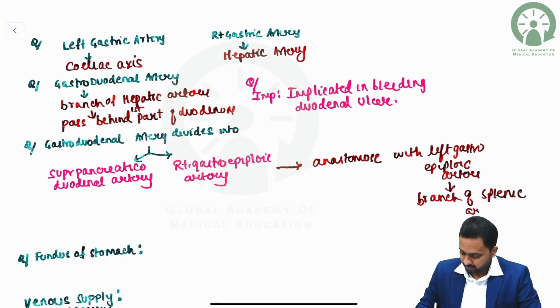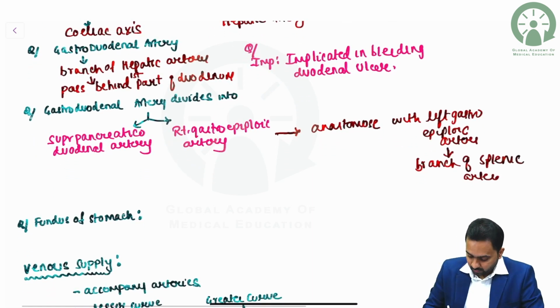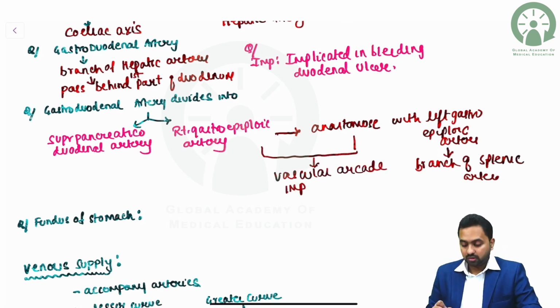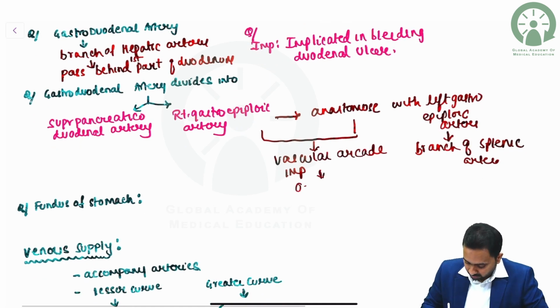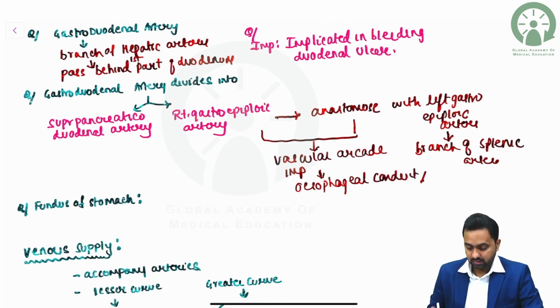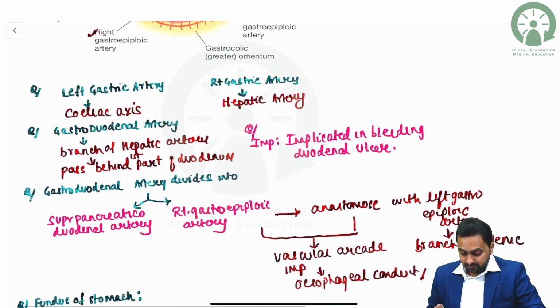is important, right? This is important during your esophageal conduits, right? Now coming down to the fundus of the stomach. So if you look at this image, the fundus of the stomach is supplied by the vasa brevia, which are your short gastric arteries.